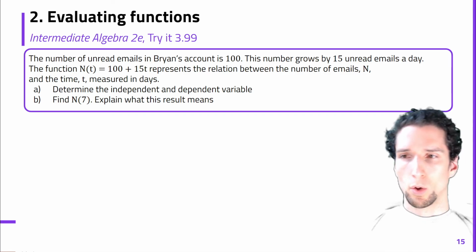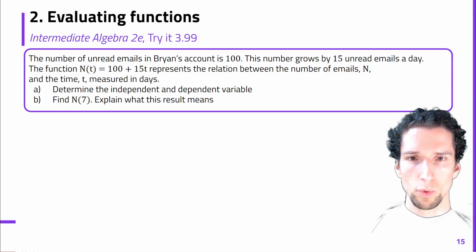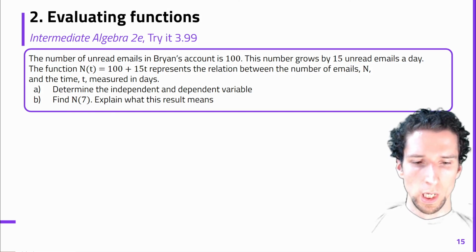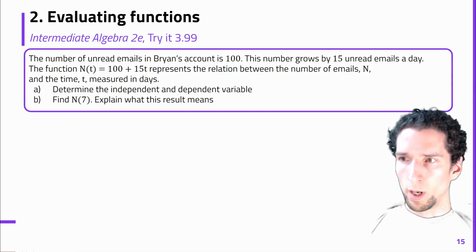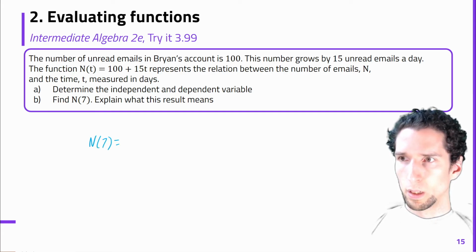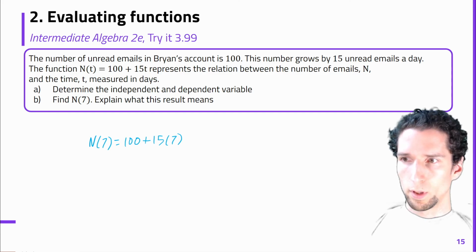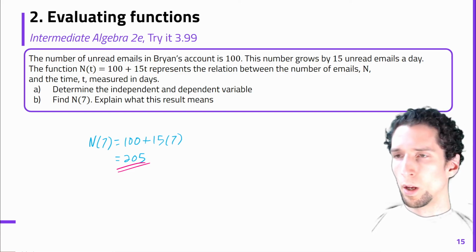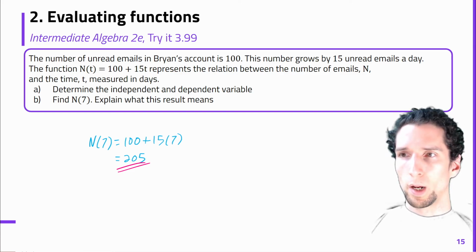Okay, so hopefully you got the same results I did here. For this one, I found that n of 7 is 100 plus 15 times 7. This works out to 205. And if we interpret this, it's almost the same kind of problem.